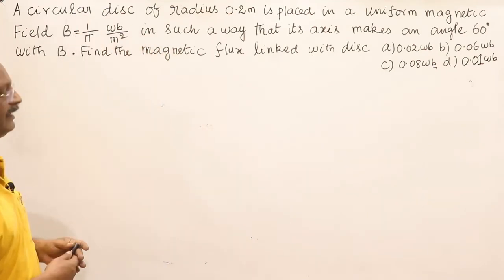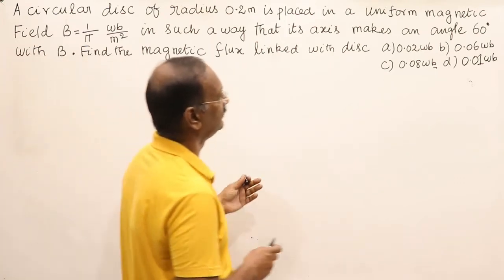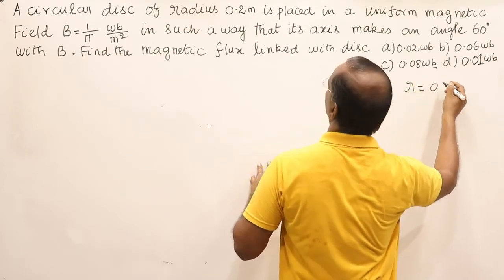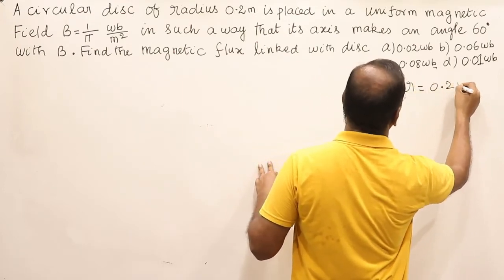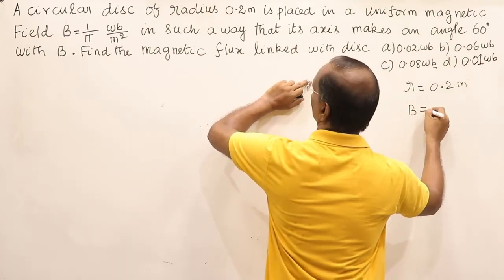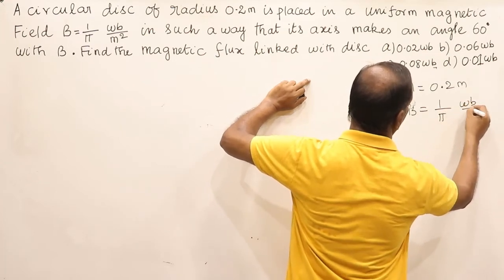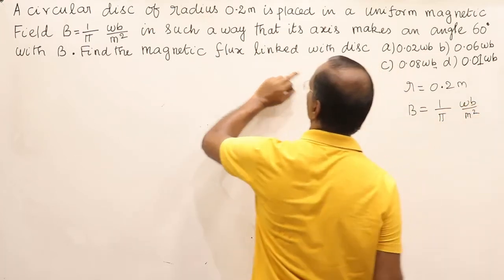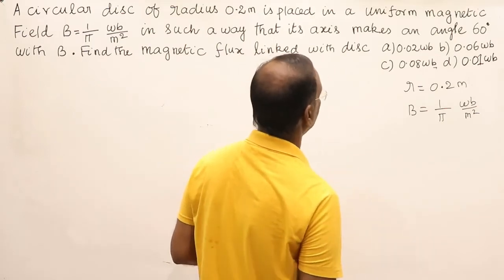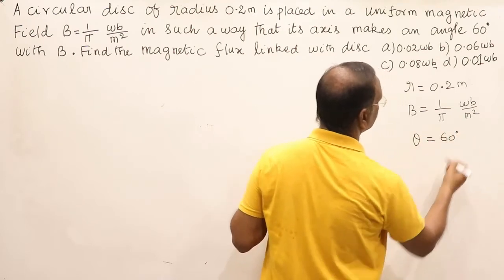In this numerical, a circular disc of radius 0.2 meter is in a uniform magnetic field. So magnetic field is equal to 1 by pi Weber per meter square, such that its axis makes an angle of 60 degree. That is, theta is equal to 60 degree.